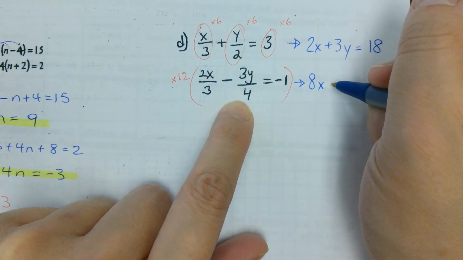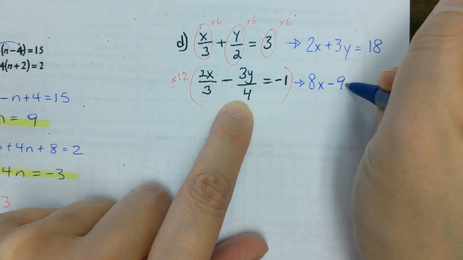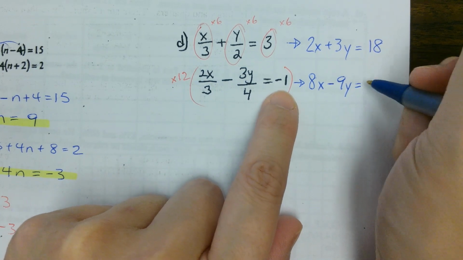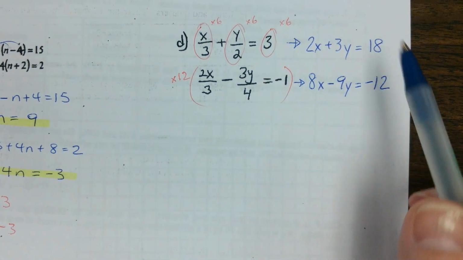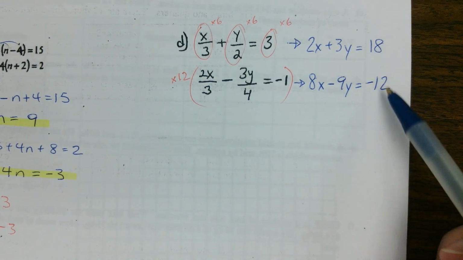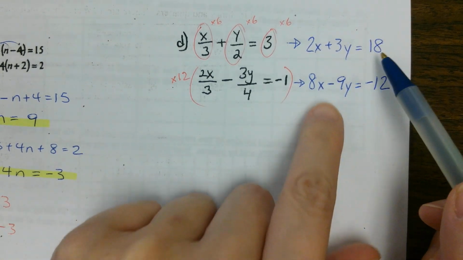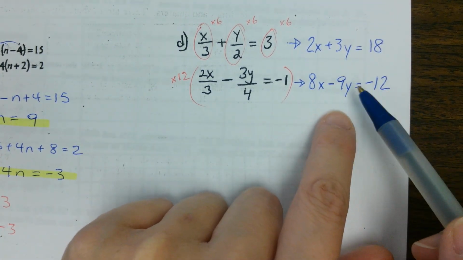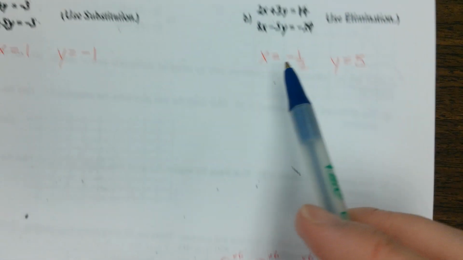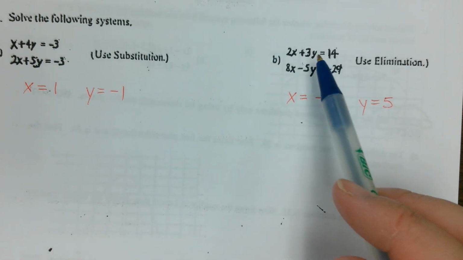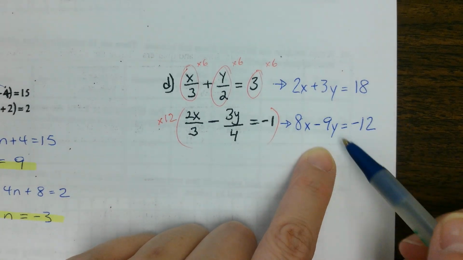Divided by 4, you get -9y. And then 12 times -1, -12. Okay? So now it looks a lot neater. And again, this looks just the same as any of these ones right here now. Okay.